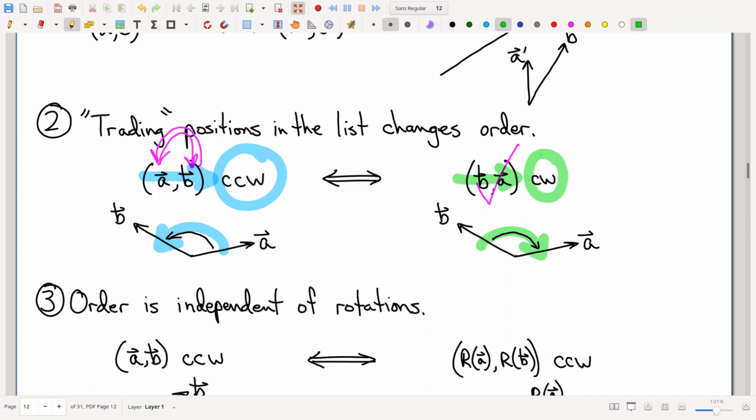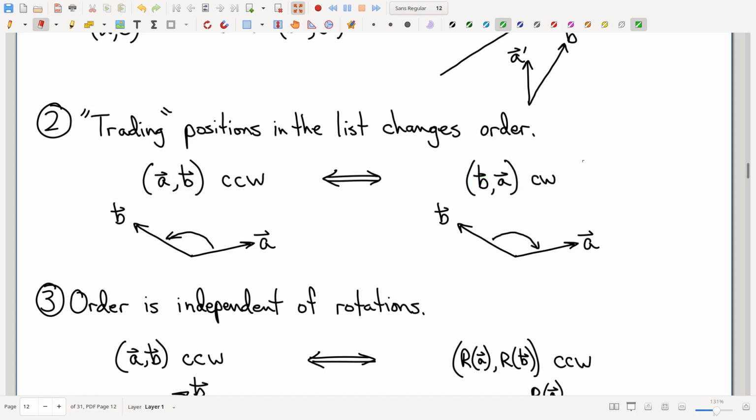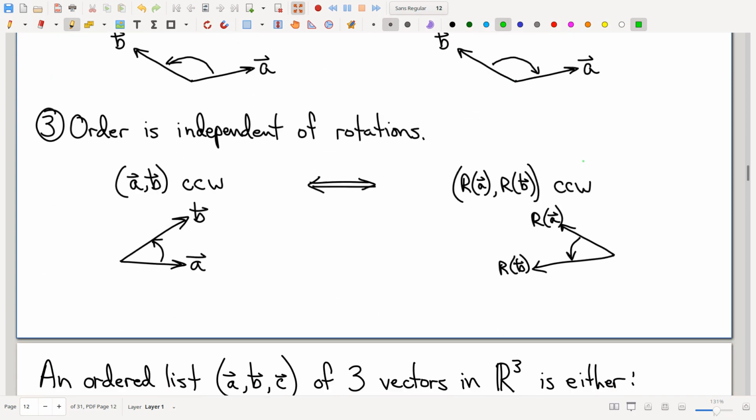So another way to say this is that anytime you have a list of two vectors, if you switch the positions, that will change the order from counterclockwise to clockwise and vice versa, of course, also works.